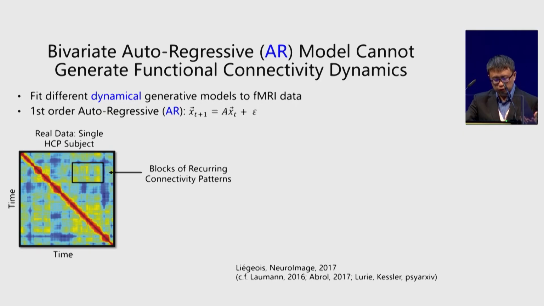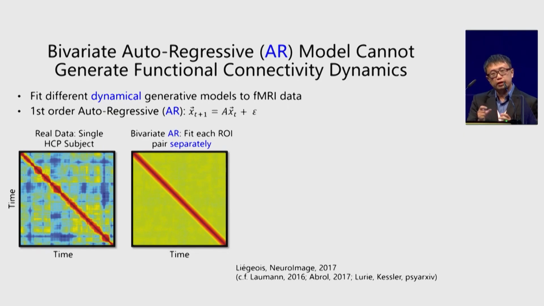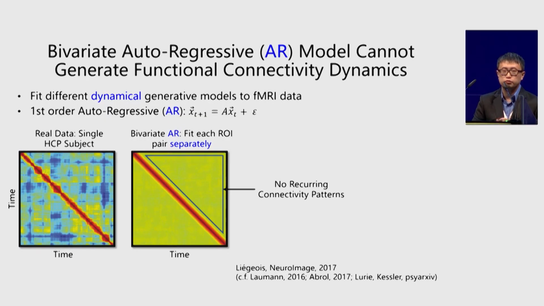There have been studies that fit these autoregressive models to pairs of brain regions jointly. That fits this bivariate autoregressive model to each pair of ROIs independently. And if you do that, you get this functional connectivity dynamics matrix shown here. You can see that the off-diagonal is very flat, and there are no recurring connectivity patterns.